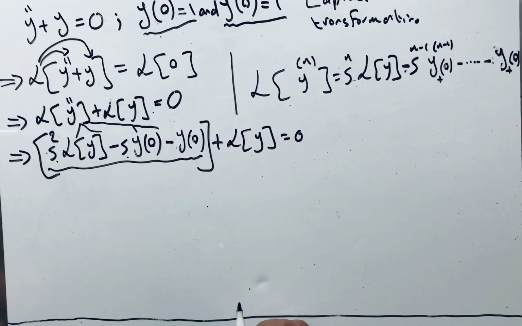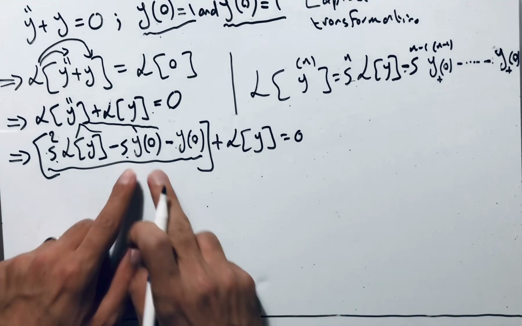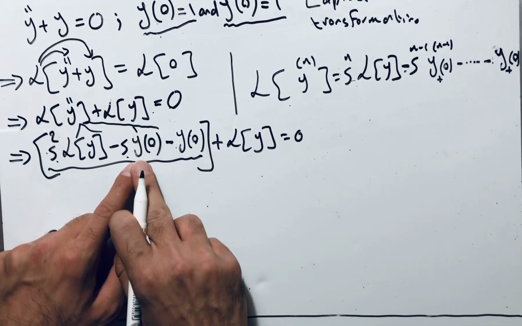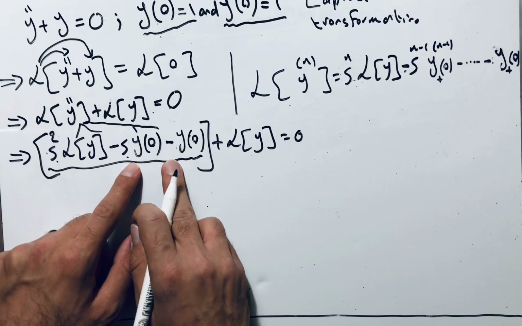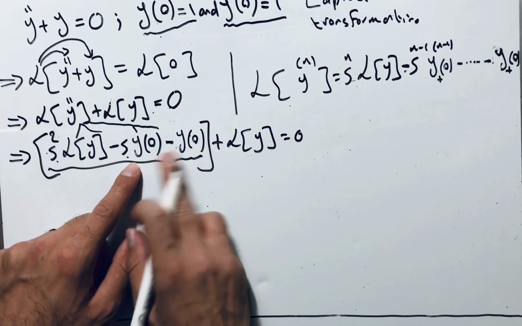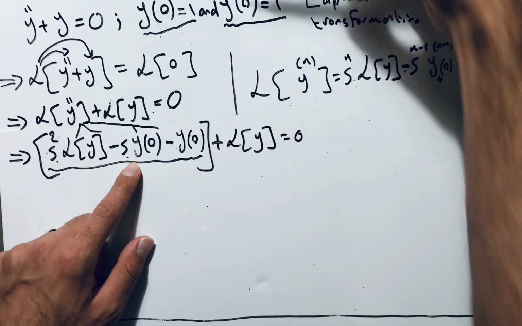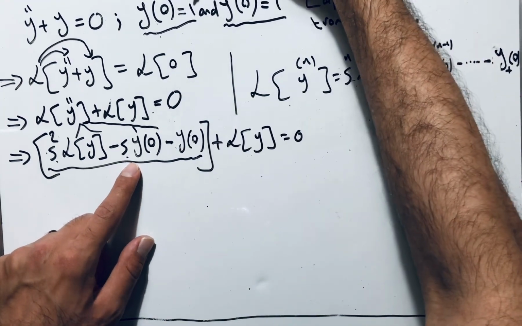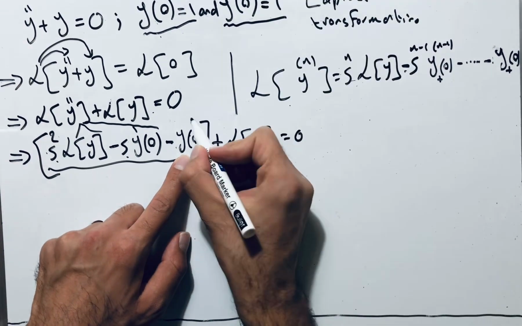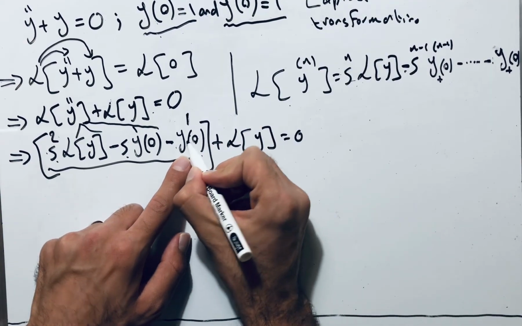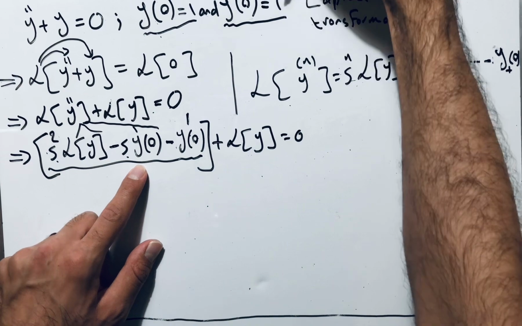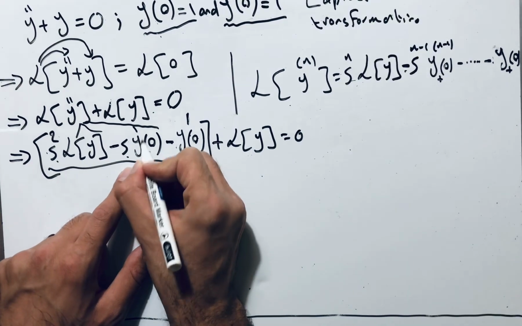First things first, we have two terms that include y at the value of 0. These two are given. We can see that y at 0 is 1, so we can write 1 instead of this, and y prime of 0 is 1, so we can also write 1 instead of this.